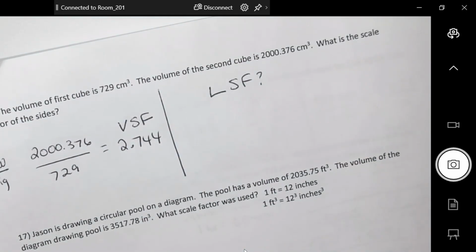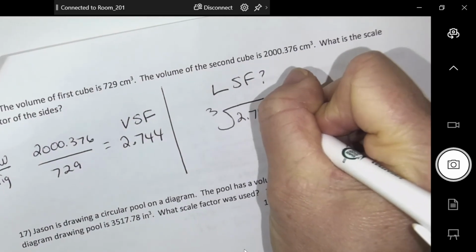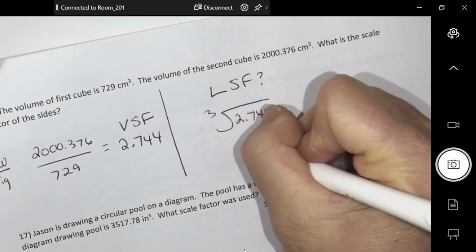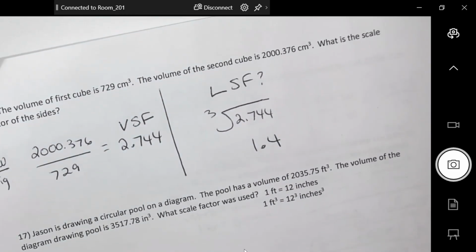So what am I going to do to go from a volume down the scale to a linear? Cubed root. Are we remembering that button? Do you remember where your own button is? Because everybody's is a little bit different. So the dimensions on this cube, the side lengths are 1.4 times bigger.